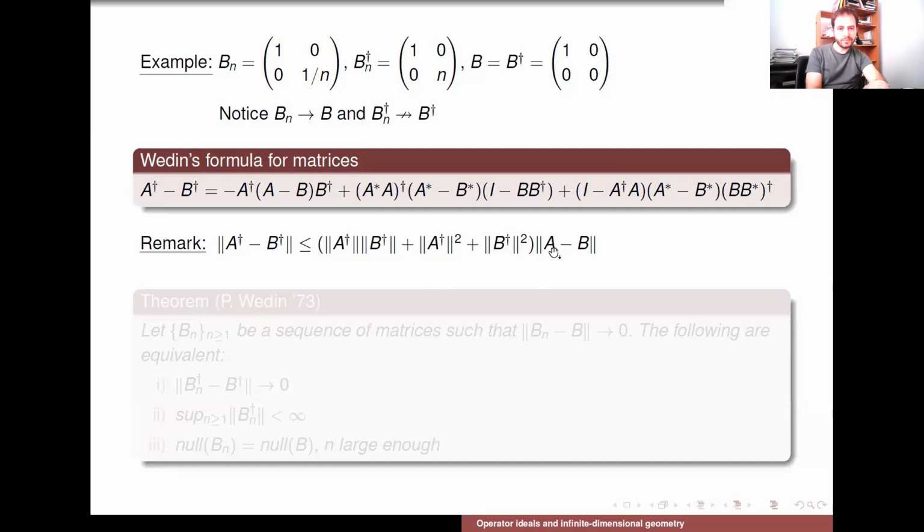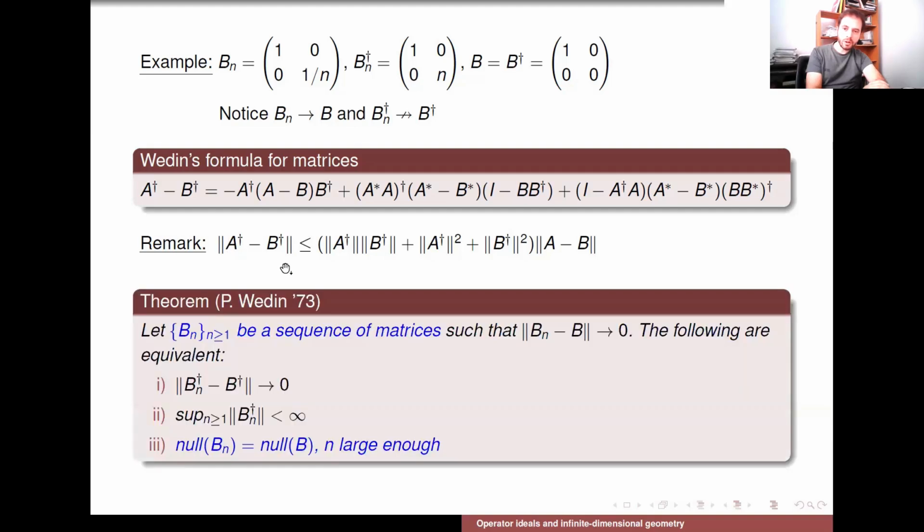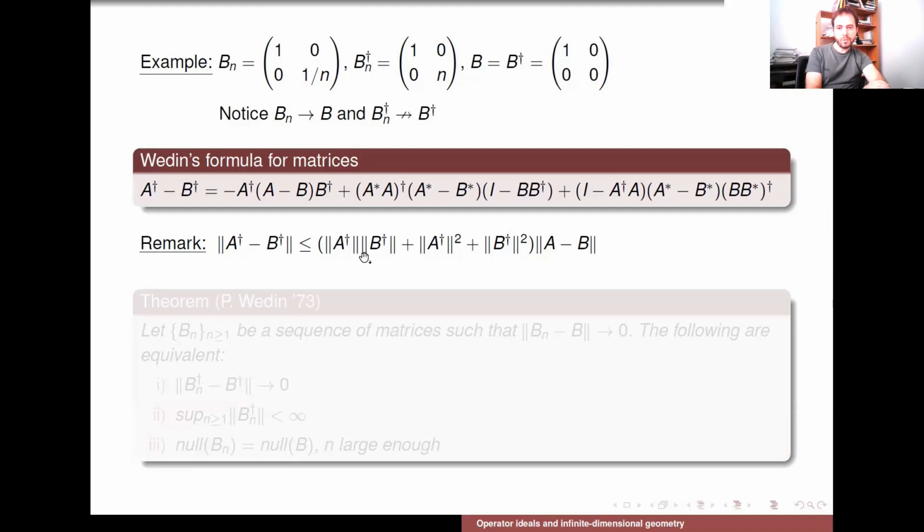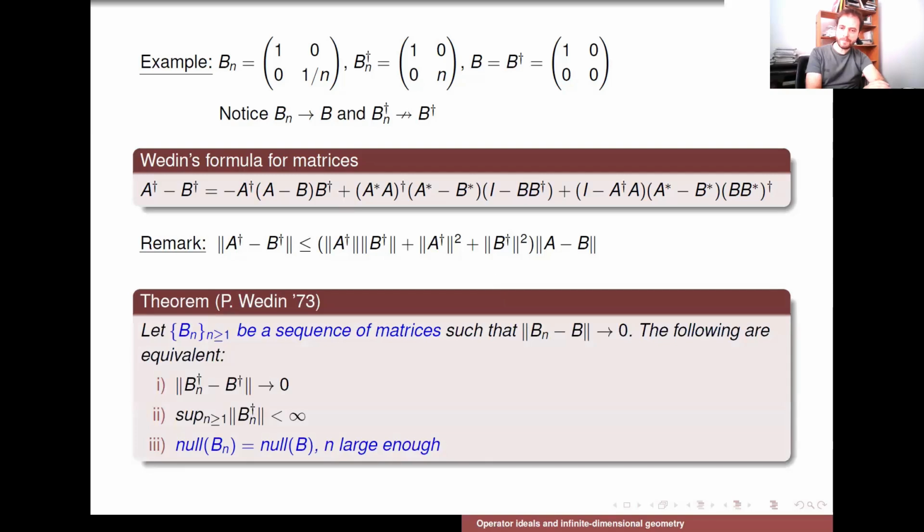So suppose that B is approximating the matrix A. In order to have that their Moore-Penrose inverses converge, what we have here is to bound the matrix B dagger, which appears here and also here. So the result of Wedin is as follows: a sequence of matrices B_n converging to another matrix B. Then the following are equivalent.